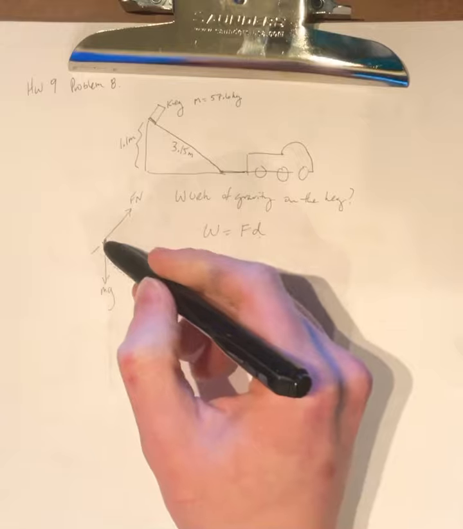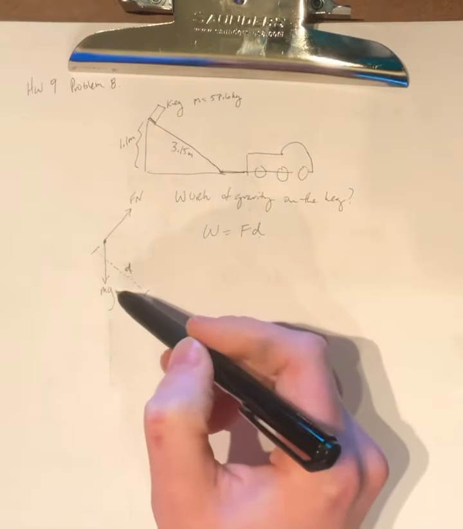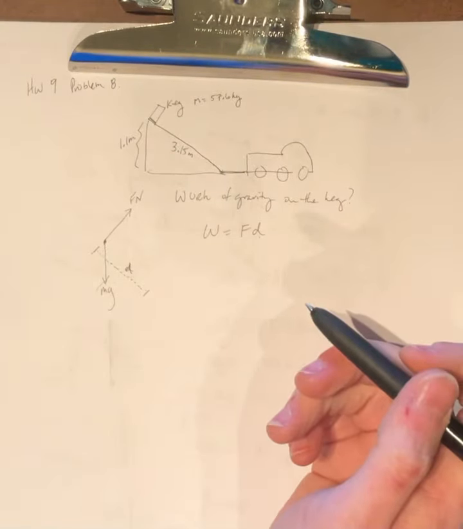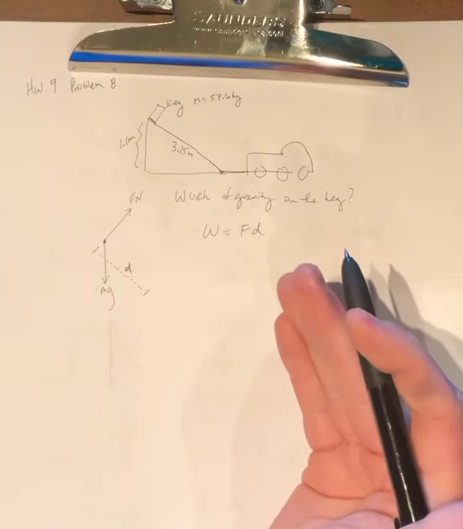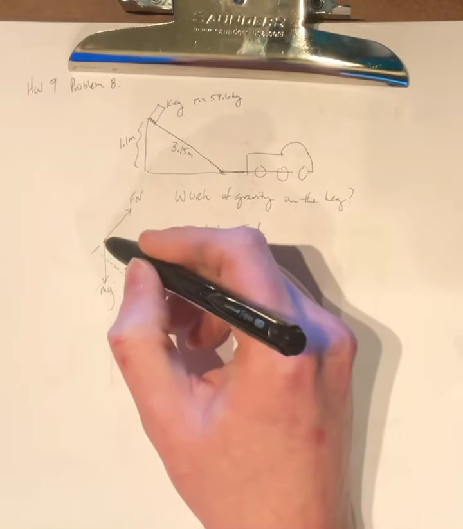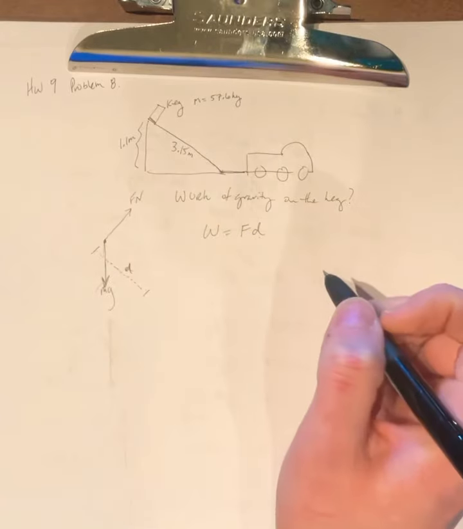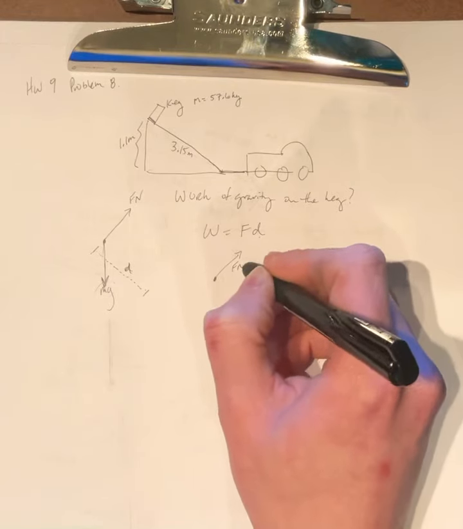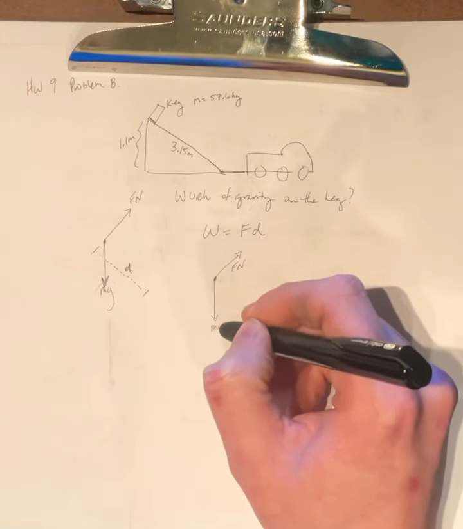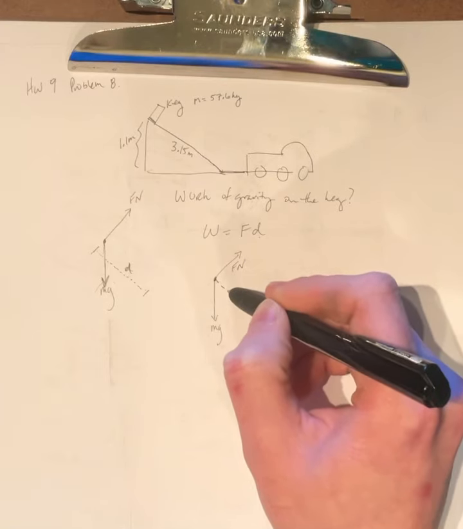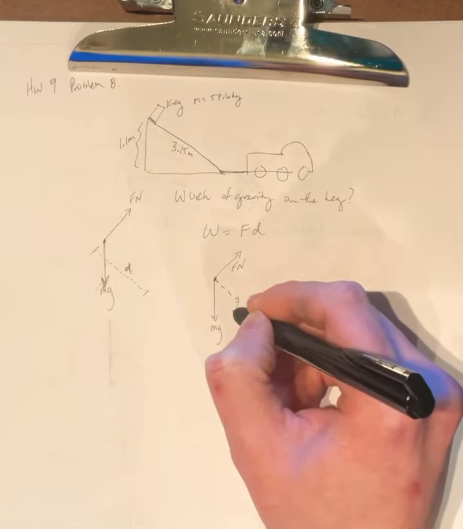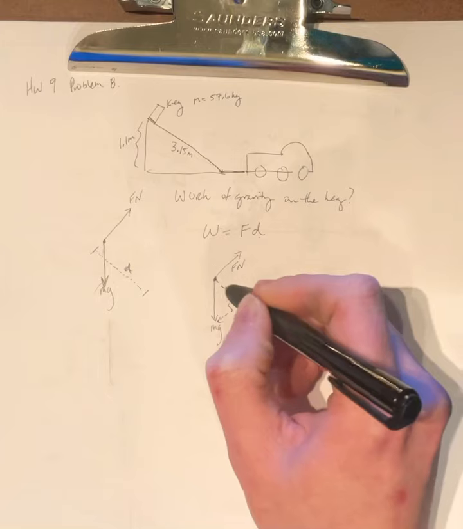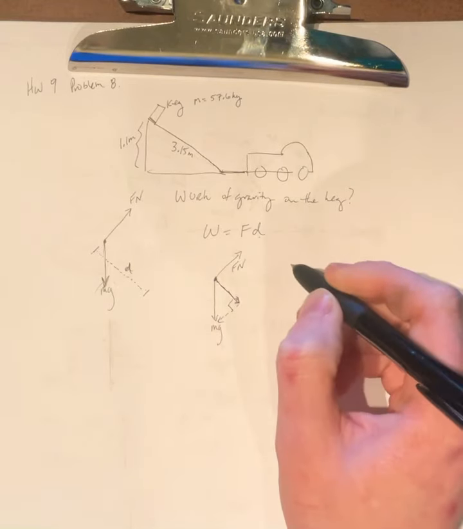So, at this point, mg is not pointed in the direction of the displacement, right? Or at least part of it is, but the other part is not. And what I mean by that is that this weight vector can be broken down into two components. So we have normal force, we have mg. Well, this mg can be broken down into its two components, at a right angle. So what is this component here of mg?